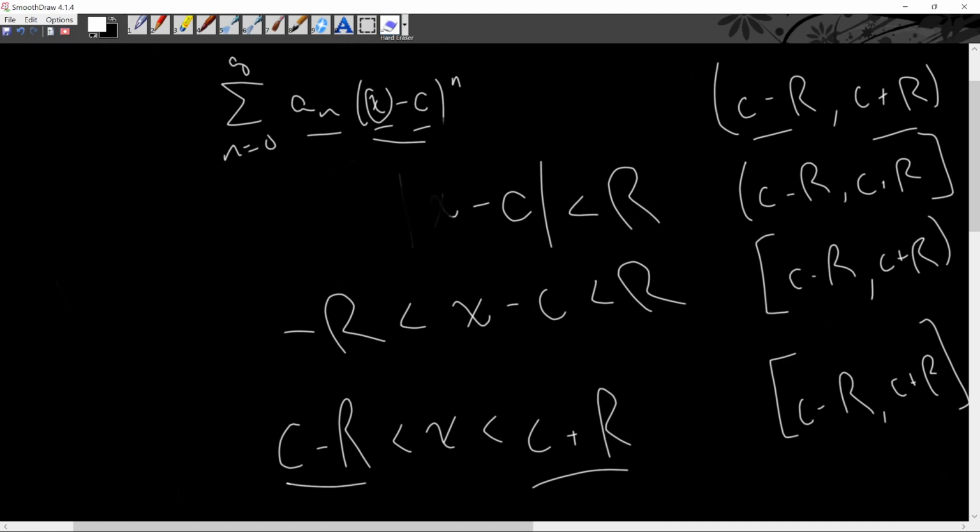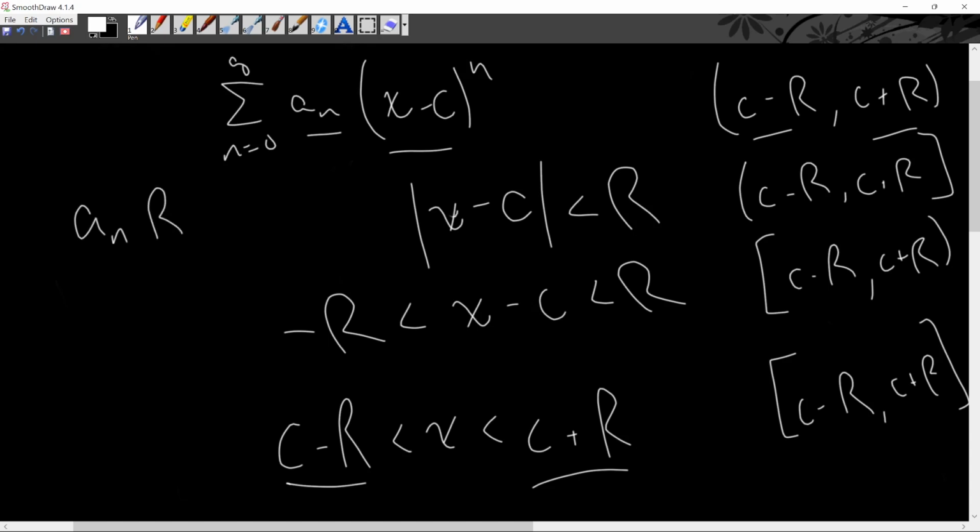And though you can't really plug it in exactly with this very general term, right? Let's just sort of think about this for a second. We have x minus c is less than r. So if we plugged in c plus r, for example, we'd have a sub n times r to the nth power. And depending on what value of r we get, this is a geometric series, right?